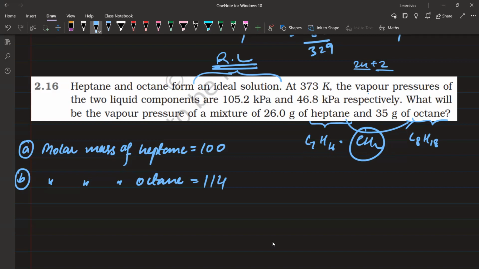The answer that we'll be getting will be in kilopascals. Will you guys take 2 more minutes and then I will explain this.